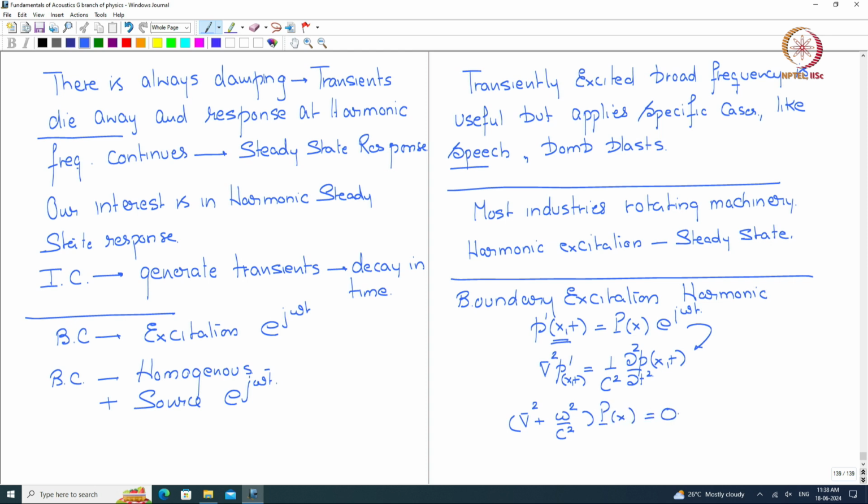The e to the j omega t cancels from both sides. Okay, and the double derivative in time brings me omega square. So this is, we know, the wave number k square. So this looks like del square plus k square times P of x equal to 0. This is called the Helmholtz equation.